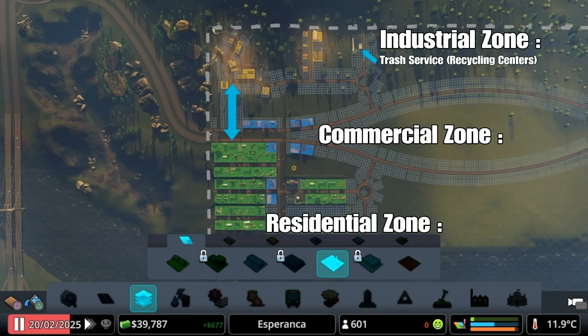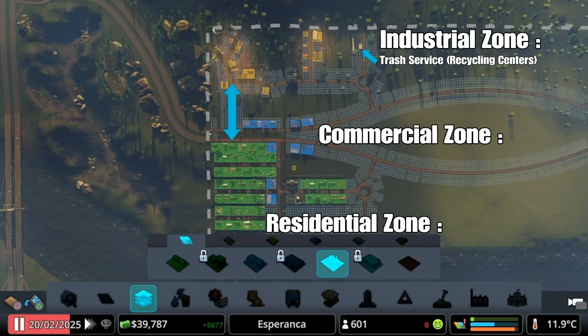Commercial zone needs customers and products. A good place to make it is in the center, so the city can have a good logistic system.